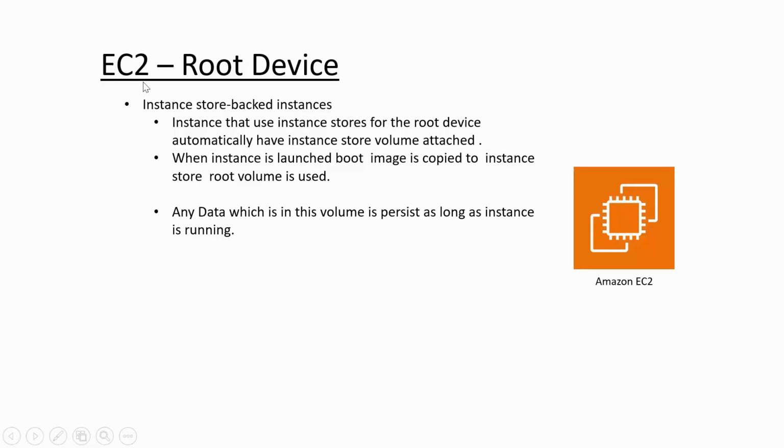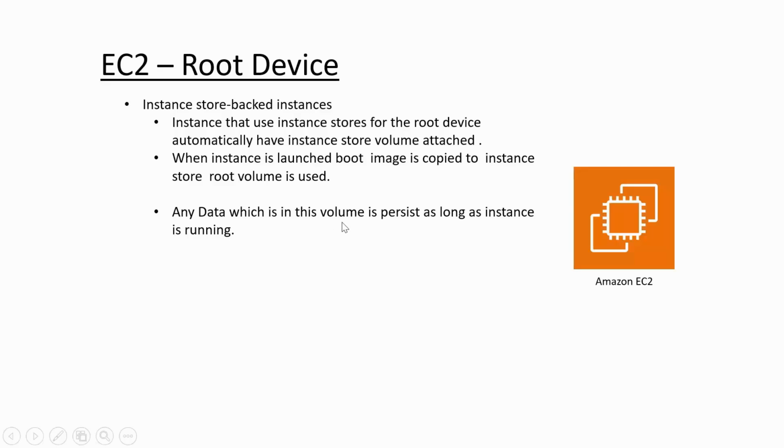Whenever we create EC2, the root device means the drive attached to the EC2 server, the hard disk used for the root. Root means installing the operating system, right? So where my OS is installed, that is the root device. Okay, so if it is instance store backed, right, the hard disk type is instance store, then it will be lost after we shut it down, right? So when an instance is launched, the boot image is copied to the instance store, and the root volume is used.